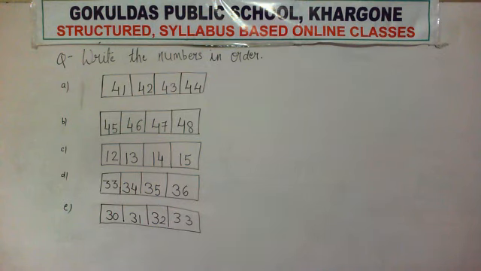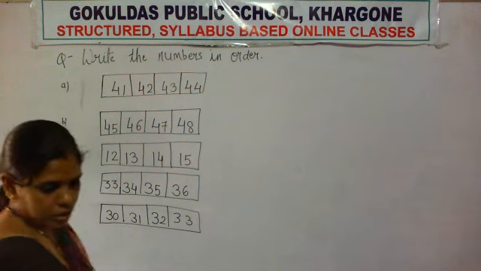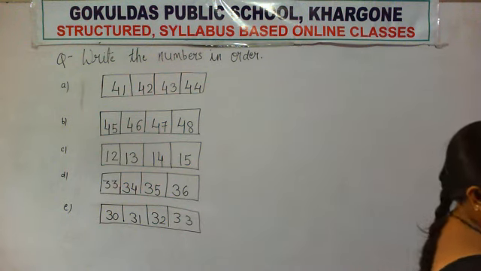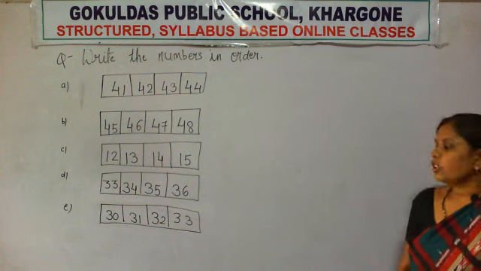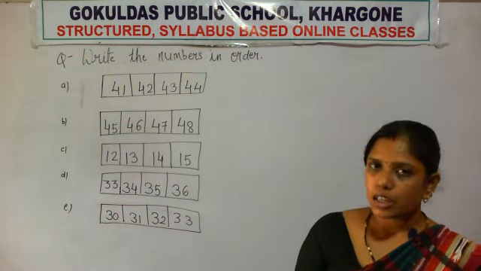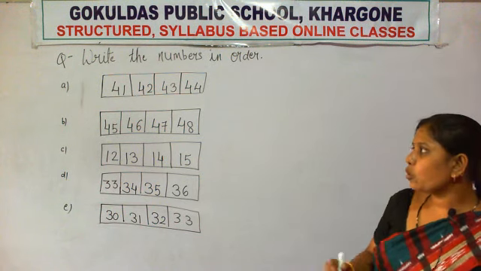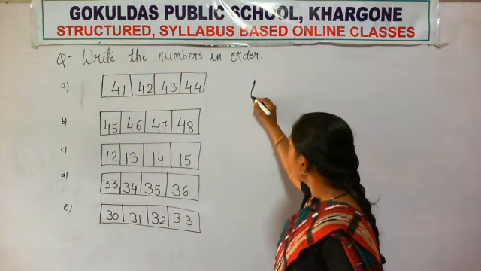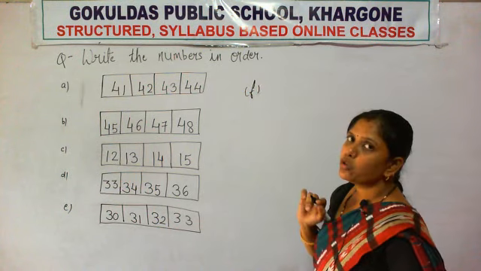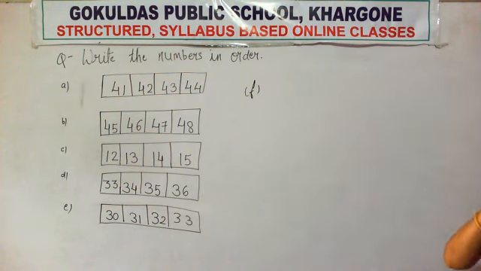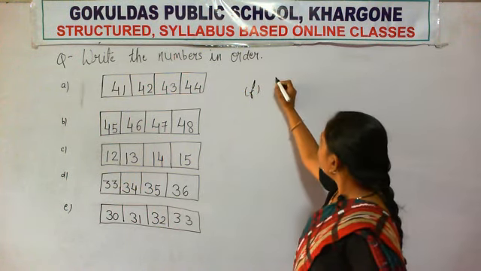Now copy this question also from the board. Now I will give you one question, and you do that question in your notebook. Write F. This question you have to solve.